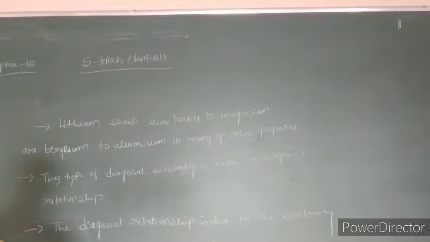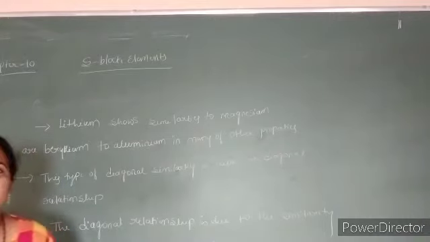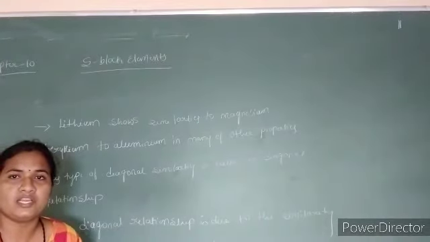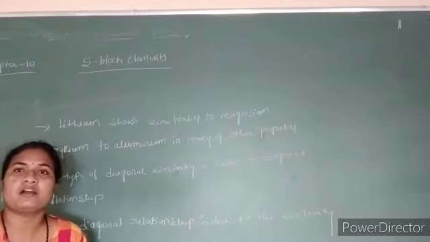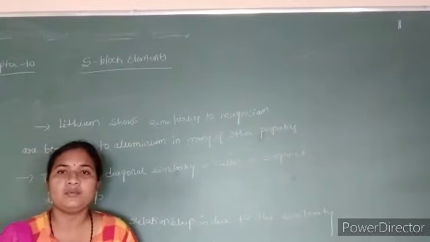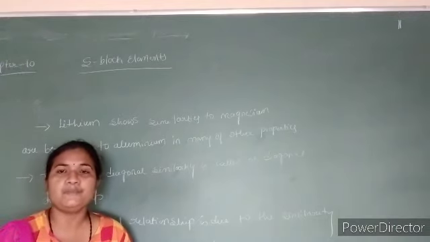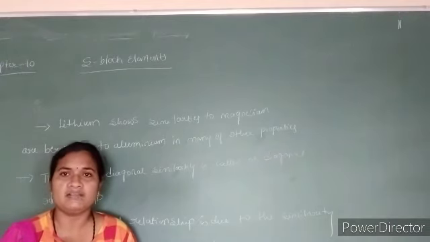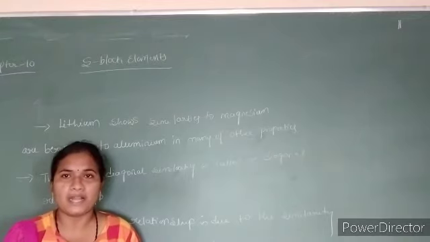The monovalent sodium and potassium ions and divalent magnesium and calcium ions are found in larger amounts in biological fluids, and these ions perform important biological functions such as maintenance of ion balance and nerve impulse conduction. The monovalent sodium and potassium belong to alkali metals, so those elements are found more in biological fluids. Similarly calcium and magnesium are bivalent, calcium plus 2 and magnesium plus 2.